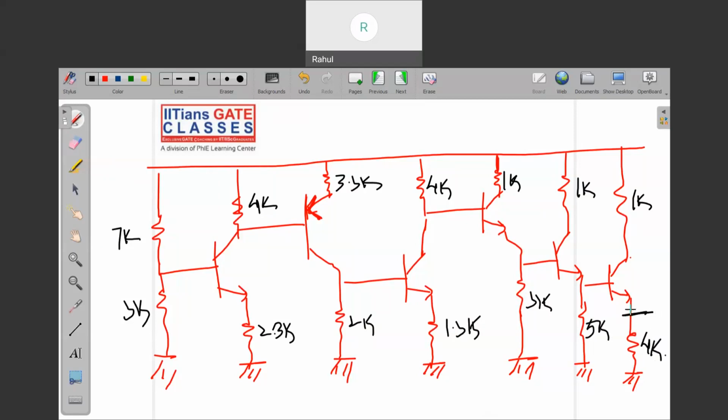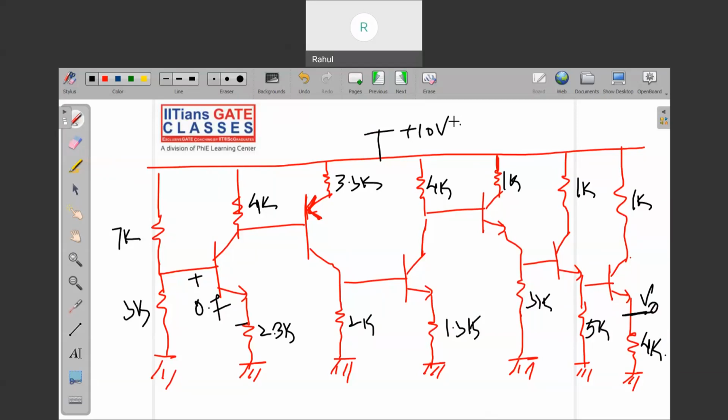What you have to find out is this V naught. The potential between base and emitter is 0.7 always, and the supply is given as one single supply of 10 volt.